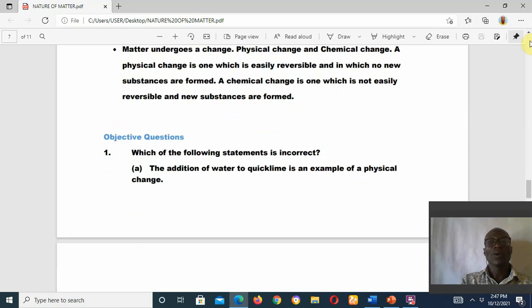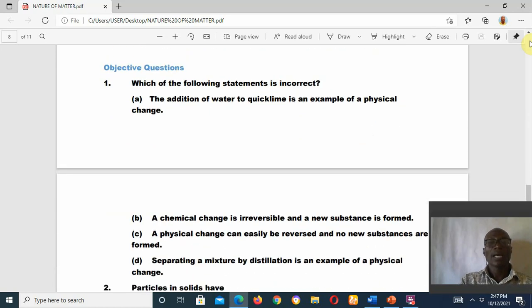At the end of the whole exercise, there is an objective question for you to follow, and that will guide you through all that we have done so far. Question 1. Which of the following statements is correct?